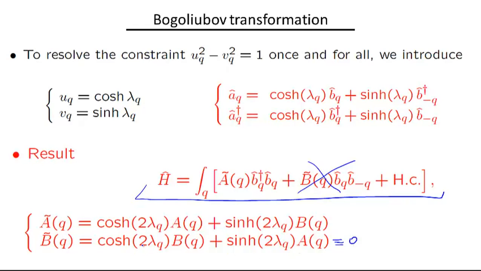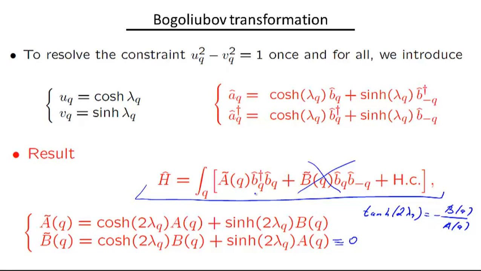If we move this term to the right-hand side and divide by cosine, sine hyperbolic over cosine hyperbolic is tangent hyperbolic. So tanh of 2 lambda of q is equal to minus B of q over A of q.